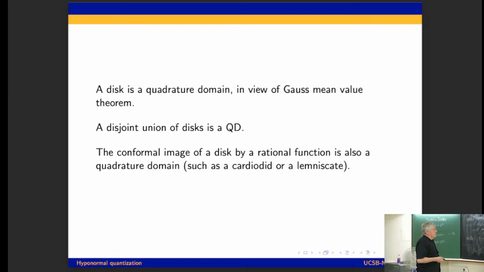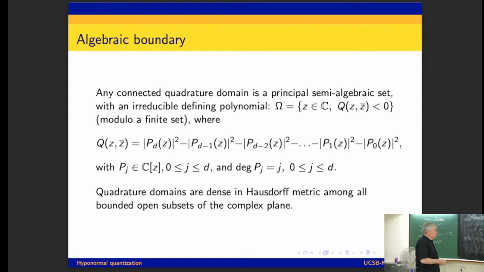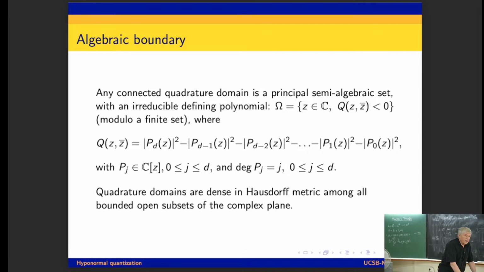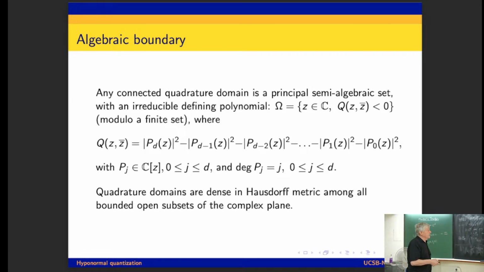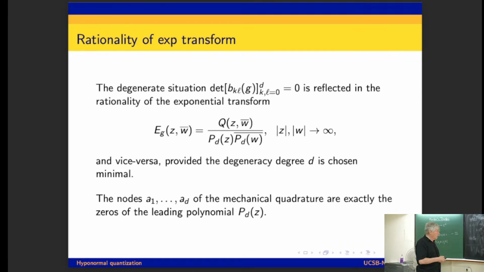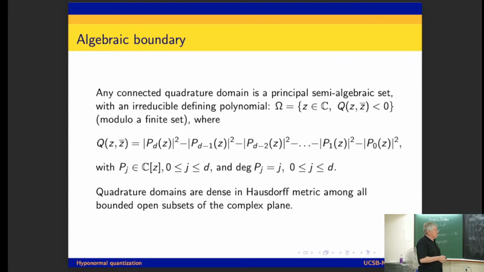And these are the simplest, but the class is more interesting. And what is surprising, you start with no assumption on the boundary. And you put just this quadrature formula, automatically the boundary turns out to be algebraic, real algebraic, and the defining function of the boundary has specifically this form. This is quite interesting.